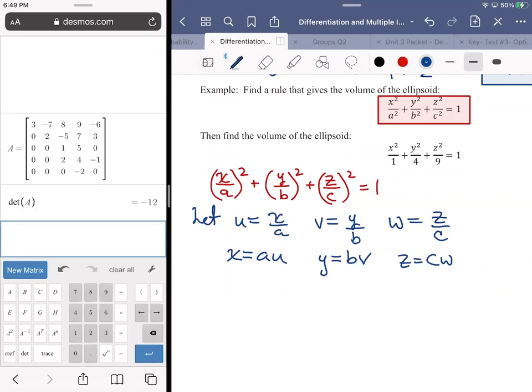The benefit of doing that is I now have a function that I can call f. To be very creative about it, f of x, y, z, which in turn becomes f of u, v, w, which gives us the vector valued function au, bv, cw.